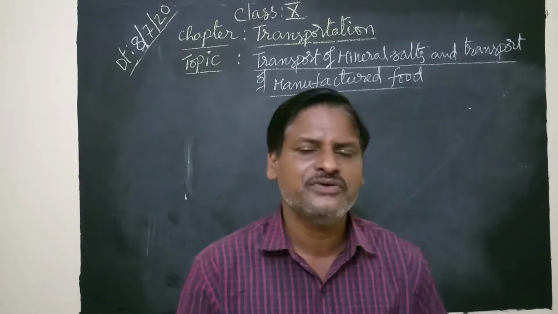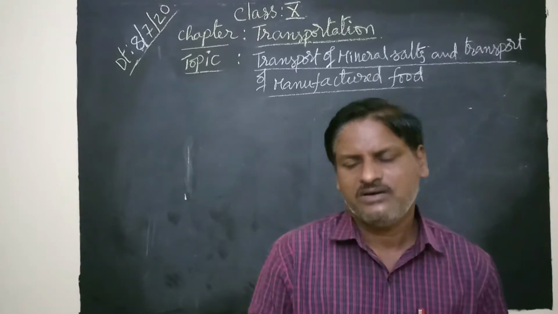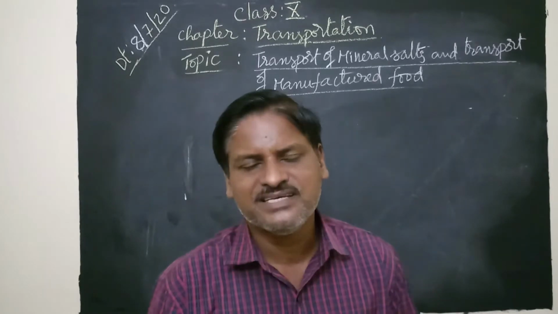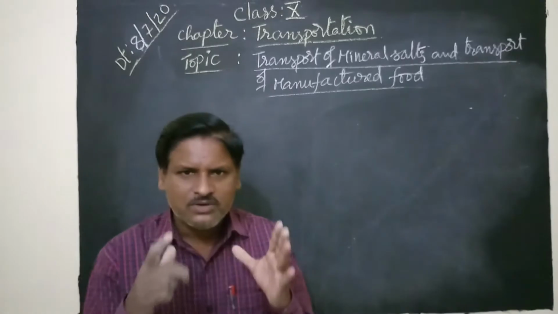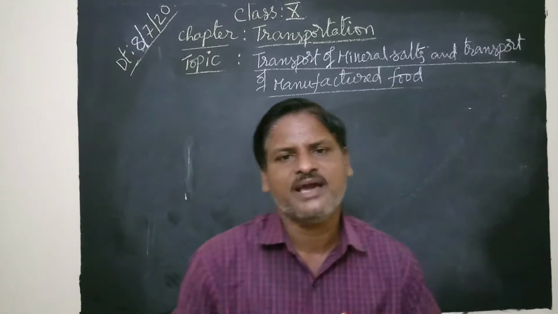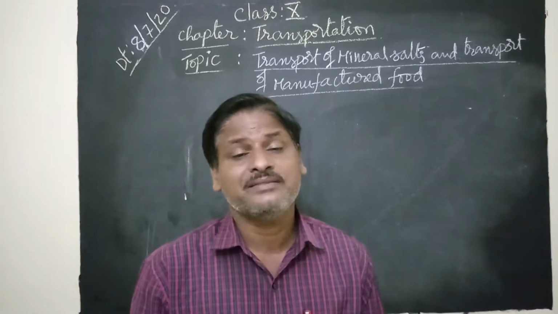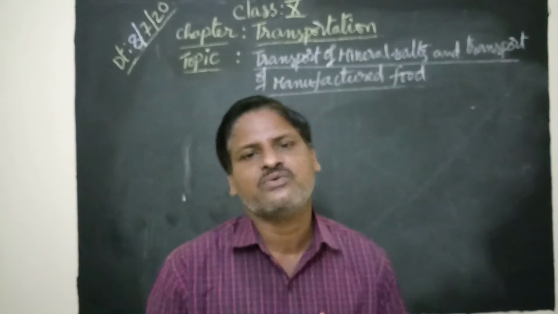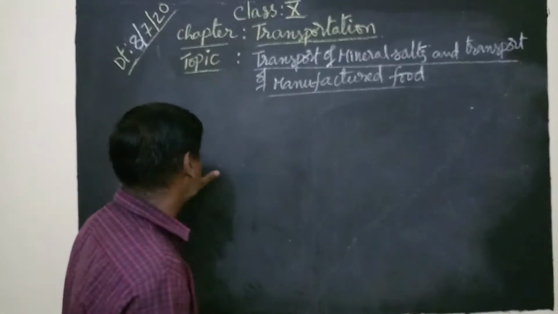In your textbook, the activity is given also. We have to take one stem and remove the bark around it. What happens if you break the bark of the stem? Is there downward transportation of food materials through the phloem vessels or not? That we are going to learn in the next class, children.